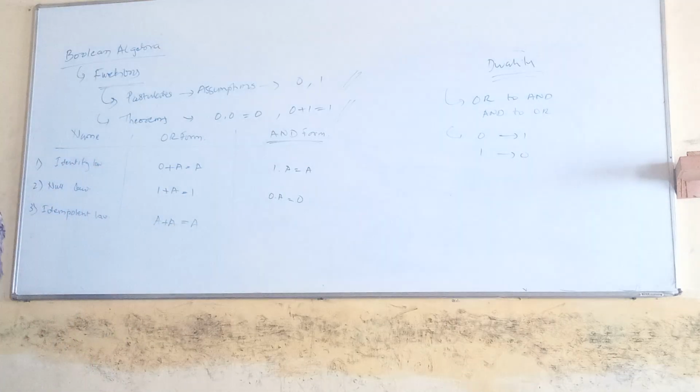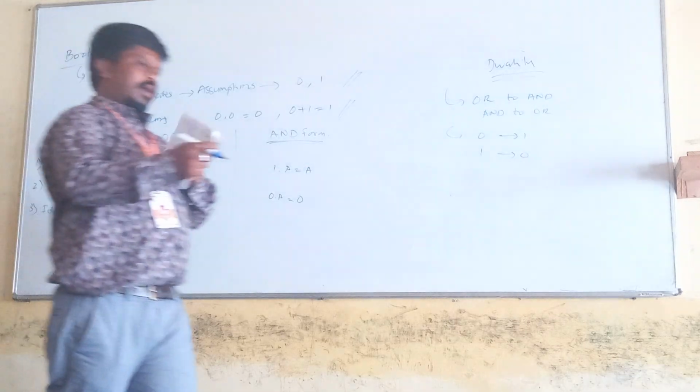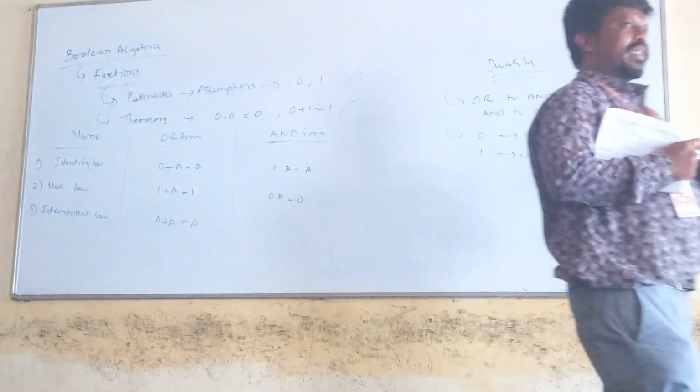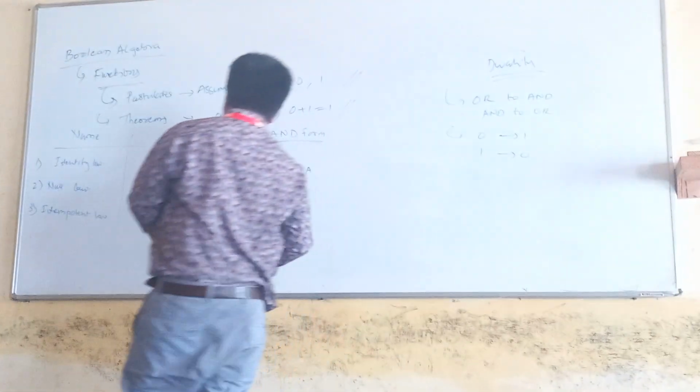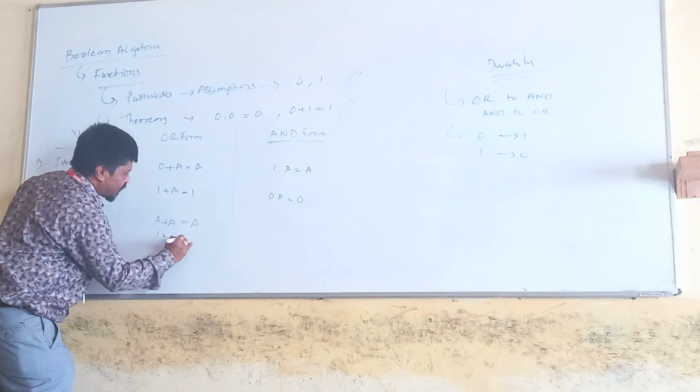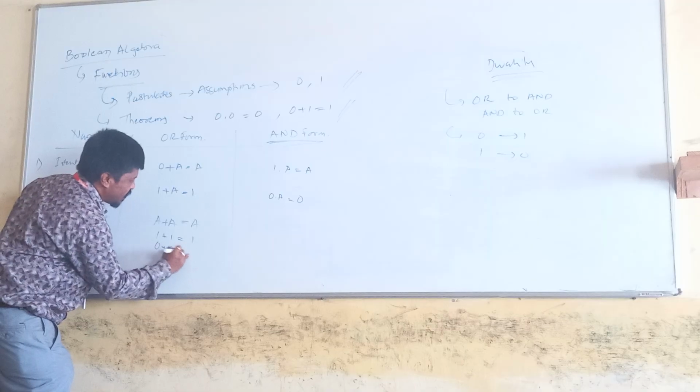In Boolean algebra, we have Boolean values. In Boolean logic, 1 plus 1: which logic does the plus operator relate to? The OR gate. 1 plus 1 is an OR operation, and that equals 1 only. 0 plus 0 is 0 only.